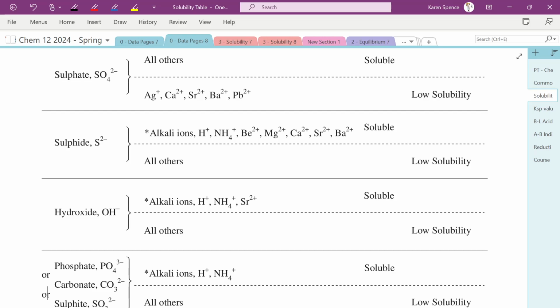Wait, what? I'm confused. Okay, it's these two, right? So I would say, oh, you can just use this. And then this one also just use the name. Wait, so how about we classify sulfate and phosphate.